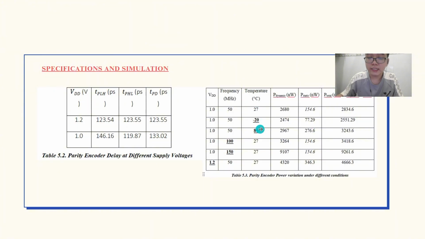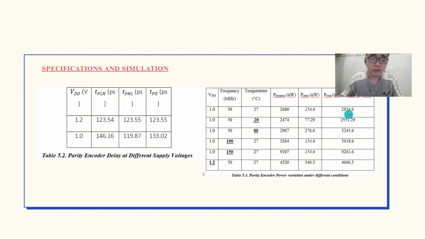We can see at VDD 1 volt, 50 megahertz, and temperature equal to 27 degrees Celsius, the dynamic power is 2680, the static power is 154.6 nanowatt, and the total is 2834.6.